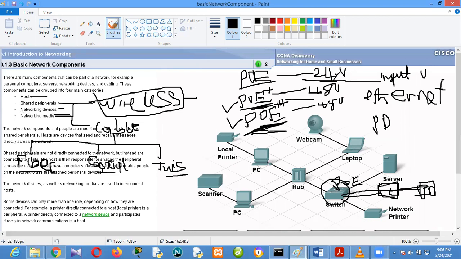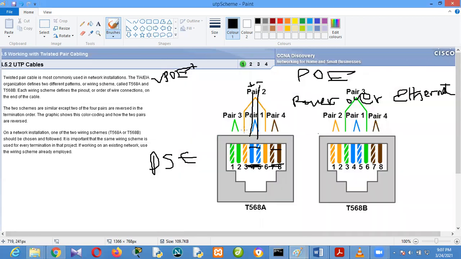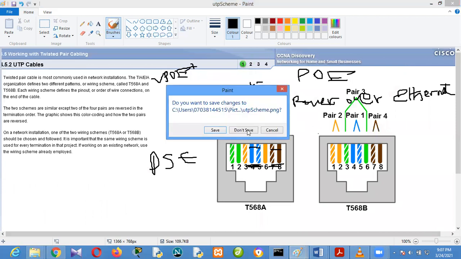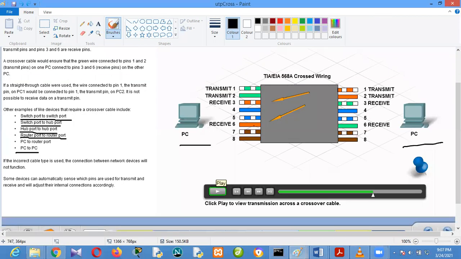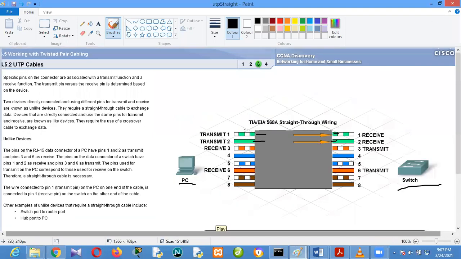I'm coming back to network devices. I said before that network devices, examples, were hubs, switches, and routers. I'll be dealing with them now.